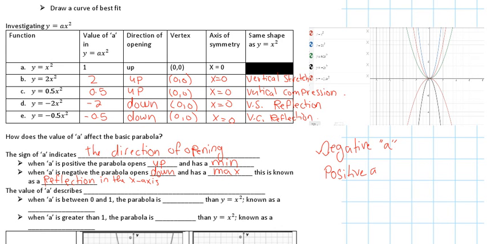A smiley face, right? But remember that negative A opens down, so the graph is going to open down. Like the frowny face. When you open up, it's a min, right? When you're opening down, it's a max, right? It's a hill and a valley.